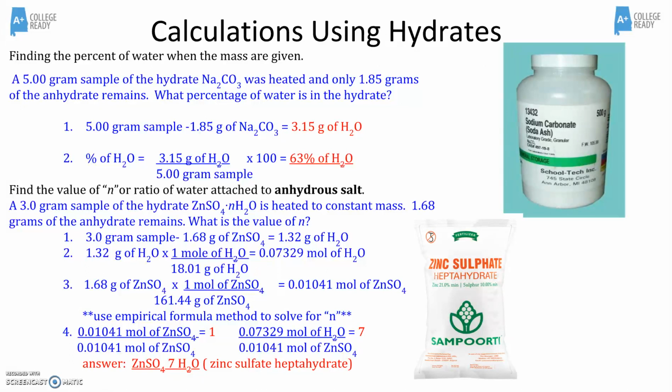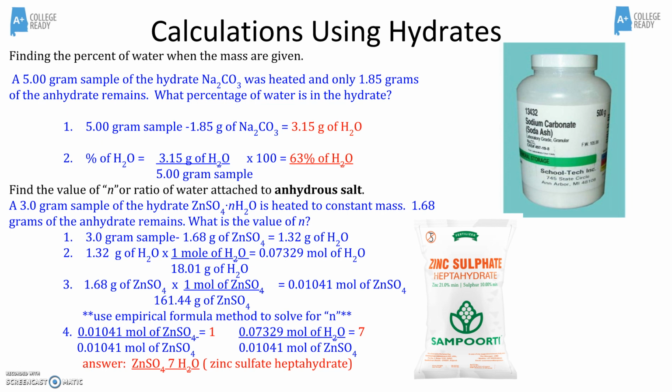Well, just like you did in the previous problem, you're going to take your entire 3-gram sample, subtract the anhydrate mass that was left behind, to get the grams of water that was converted into vapor, 1.32 grams of water.